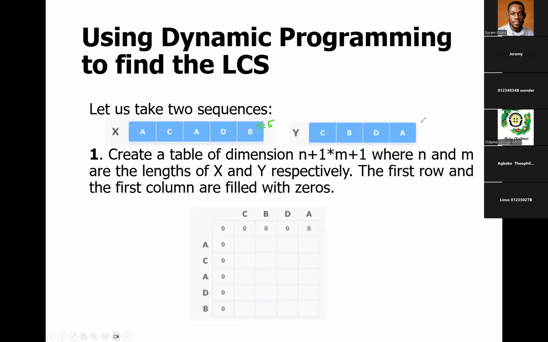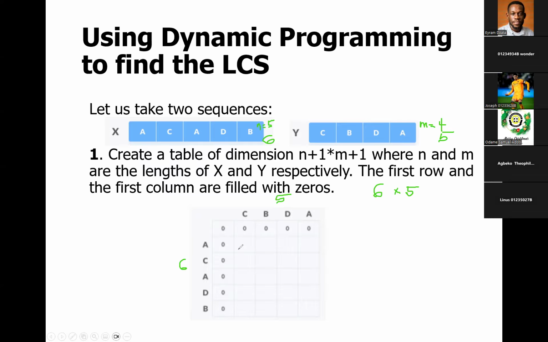What about the length of Y? It's 4. So n+1 will give us 6, and m+1 will give us 5. So we draw this table. That means 6 by 5, that's 6 rows by 5 columns.